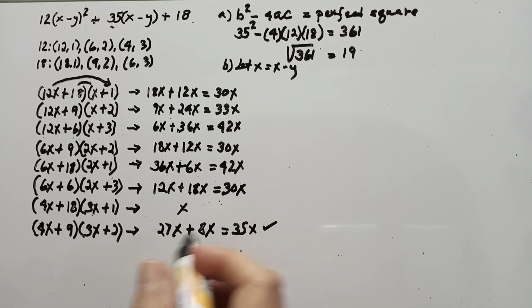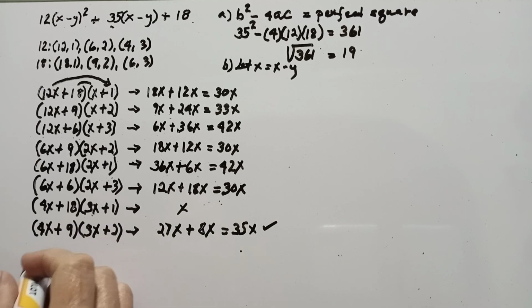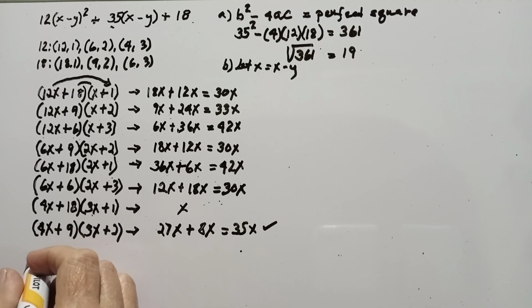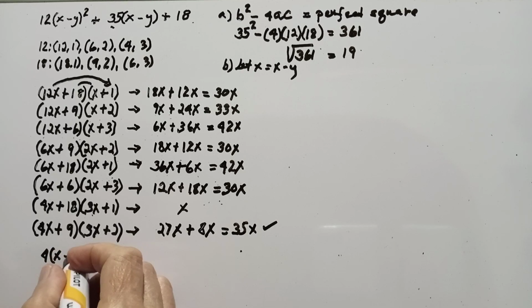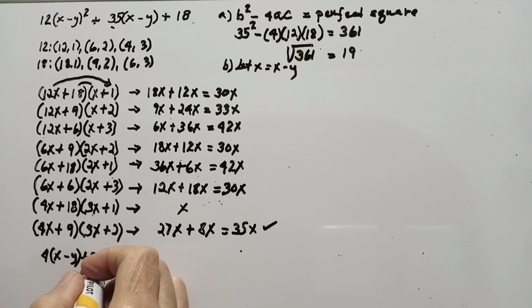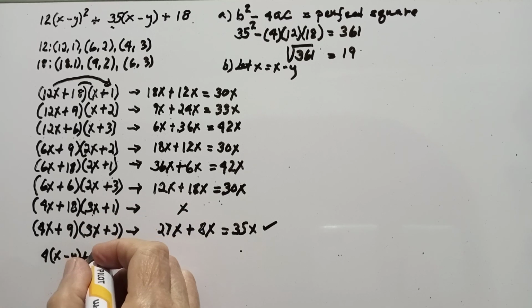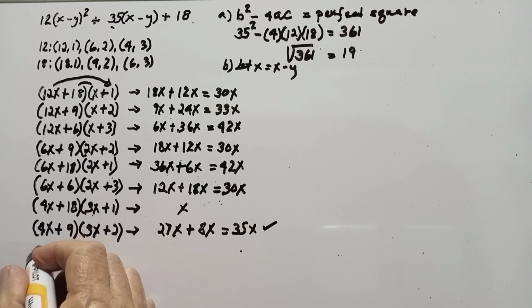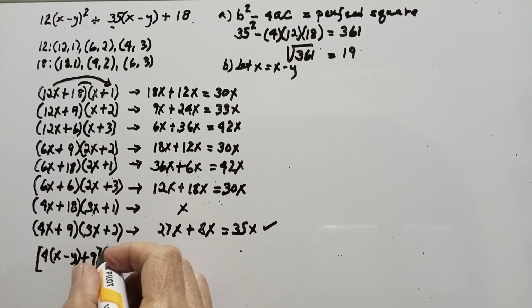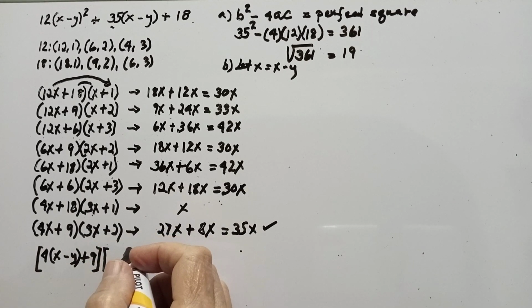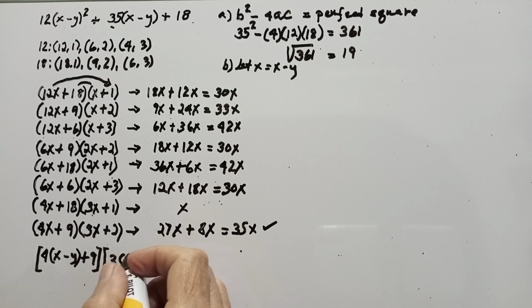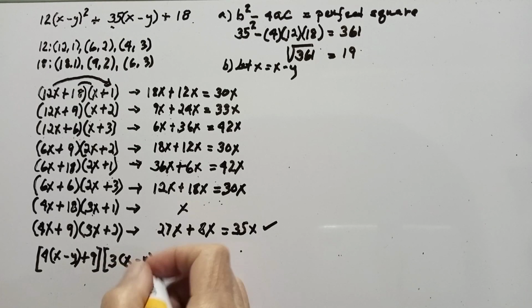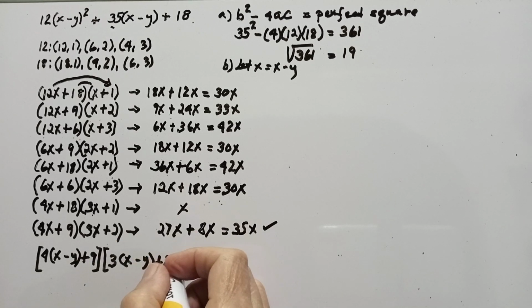So, our factors now are 4 times (x minus y) plus 9, bracket, times 3 times (x minus y) plus 2, bracket.